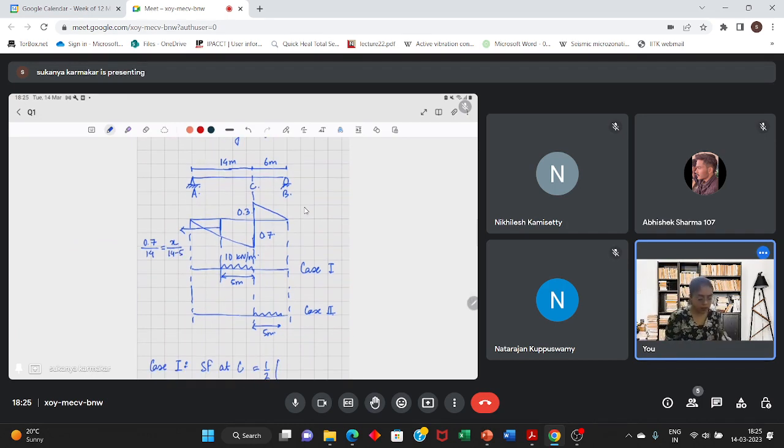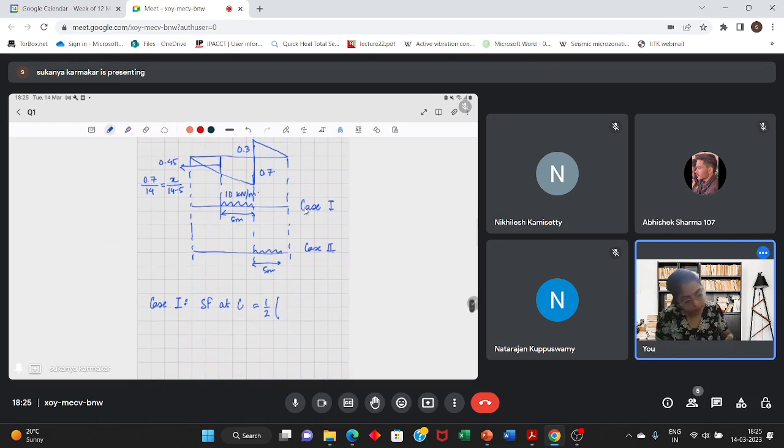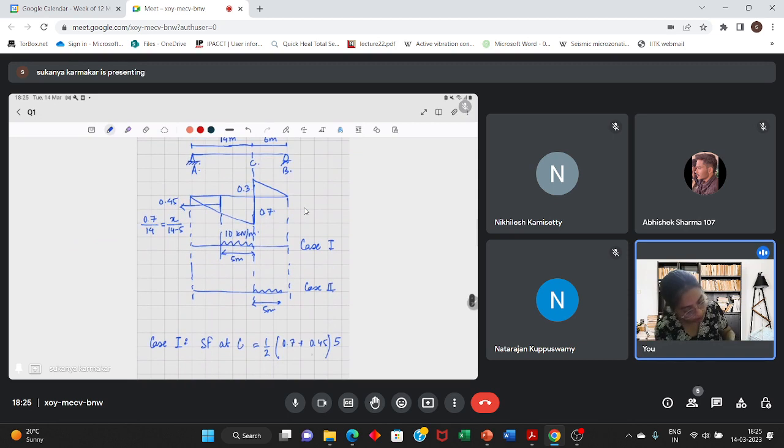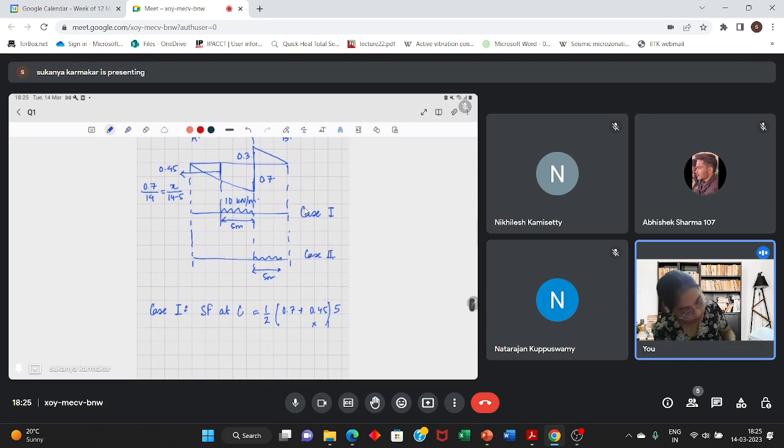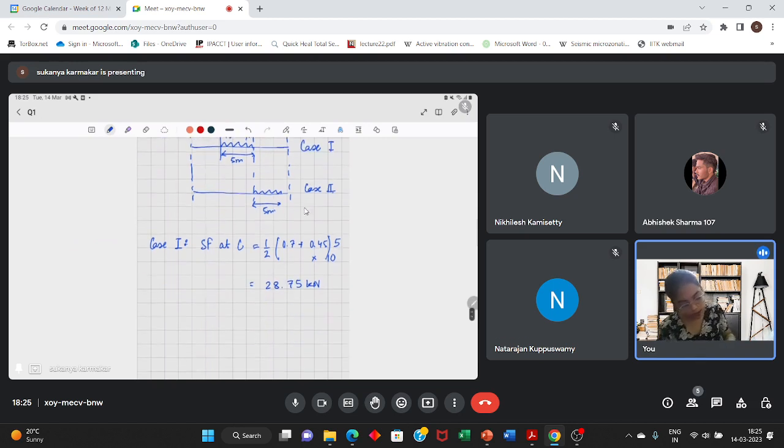It is 14 minus 5 into 0.7 divided by 14. So it is 0.45. So 0.7 plus 0.45, and the distance between them is 5, multiplied by the intensity, which is 10. So this comes out to be 28.75 kilonewton.